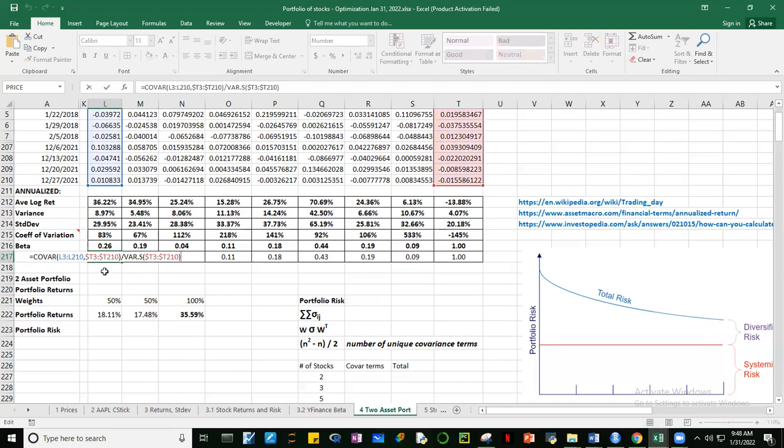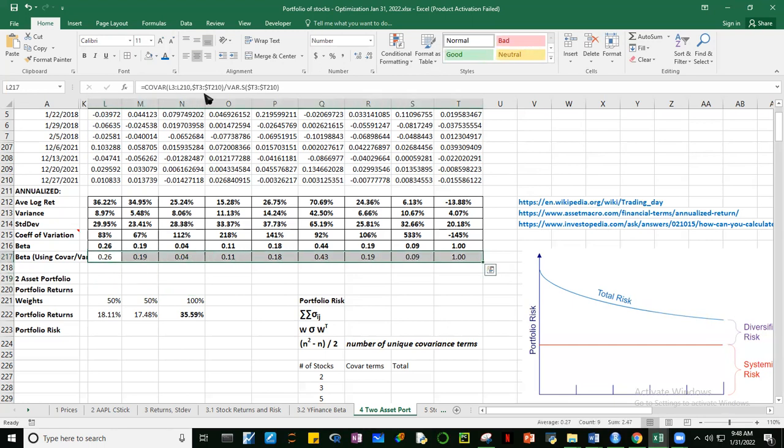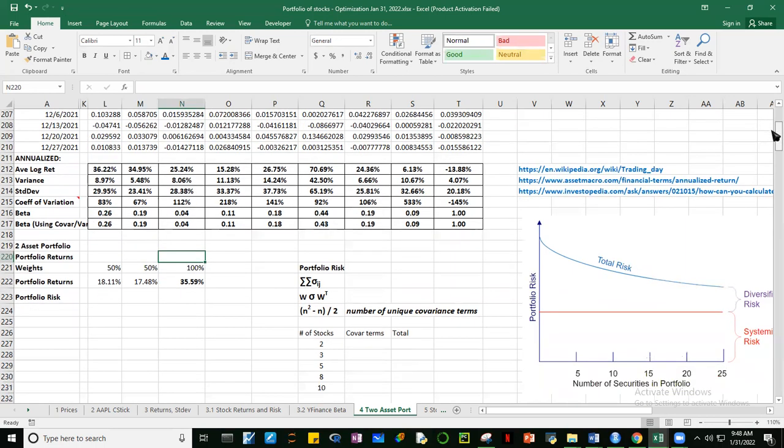Okay? Ito, beta lang to ng ginagamit natin yung covar at saka yung variance as I mentioned a while ago. Okay? So this is just to convert your weekly or monthly or daily returns into annualized data. Okay. Any questions, guys?